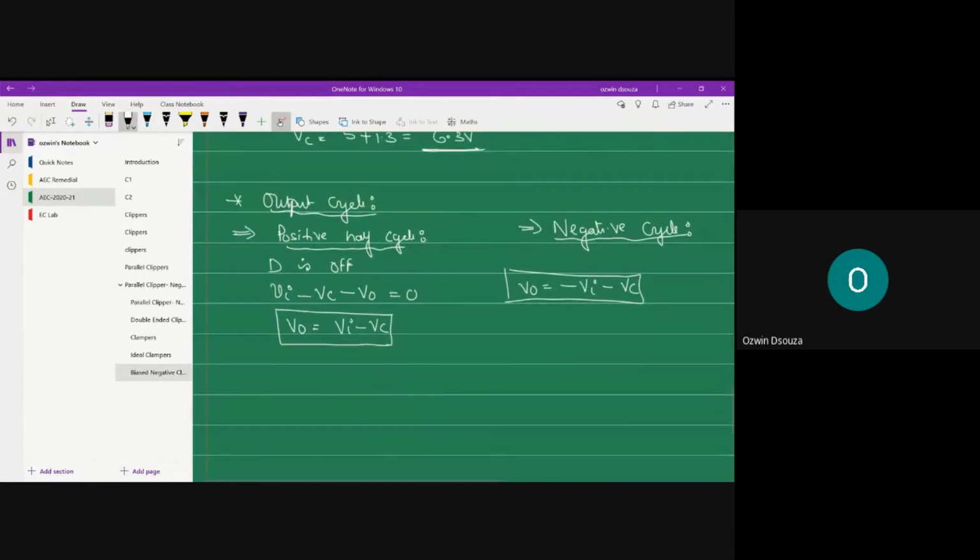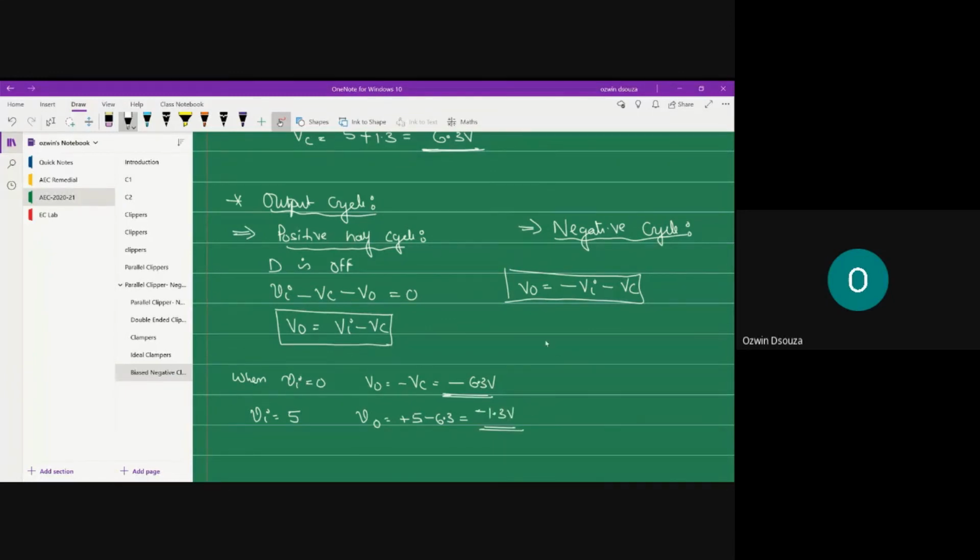So in the positive half cycle, when your input is 0, output is minus Vc or minus 6.3 volts. And when your input is 5 volts, output is 5 minus 6.3, which gives minus 1.3.